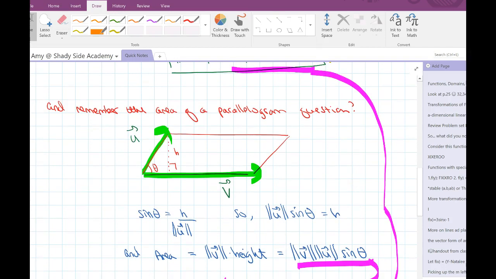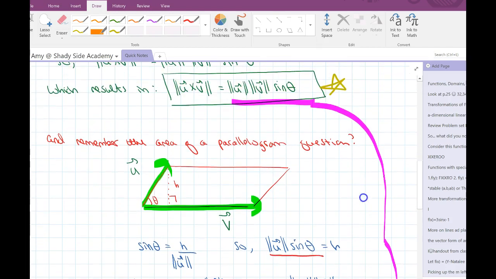So the area of a parallelogram equals base, magnitude of v, times height. And height is u sine theta. So all I did was substitute height for height, which gives you magnitude of v, magnitude of u sine theta. Oh my, but that just equals the magnitude of u cross v.